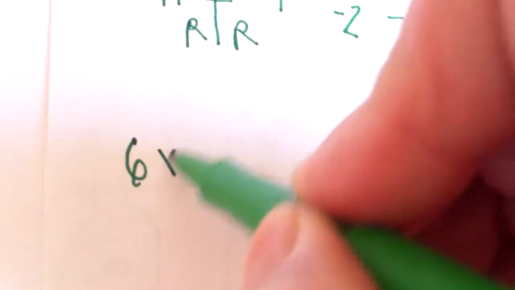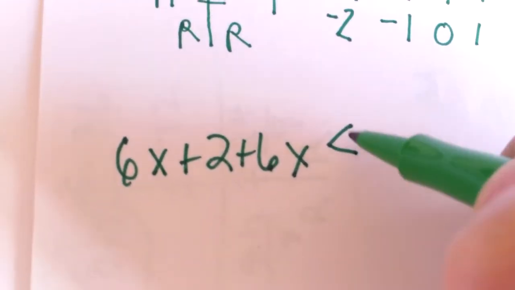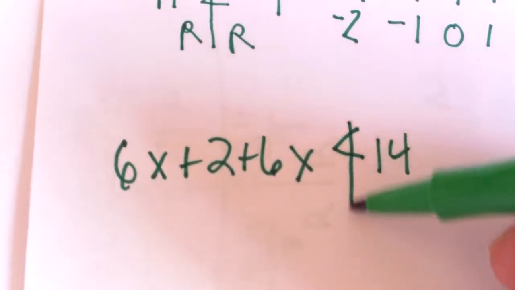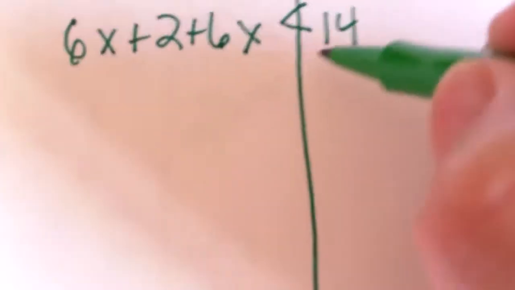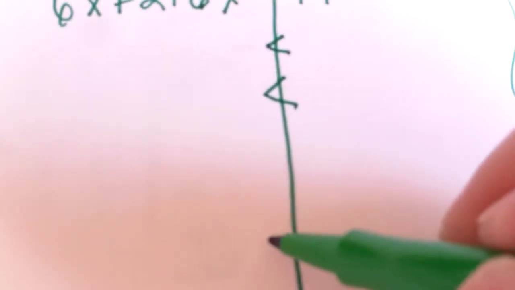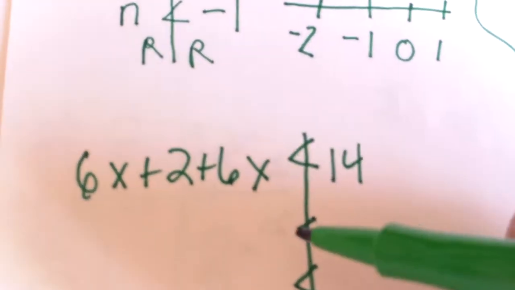All right, number 2 is 6x plus 2 plus 6x is less than 14. Put your line. Going to go fishing for some random rule. Okay, don't need to distribute.